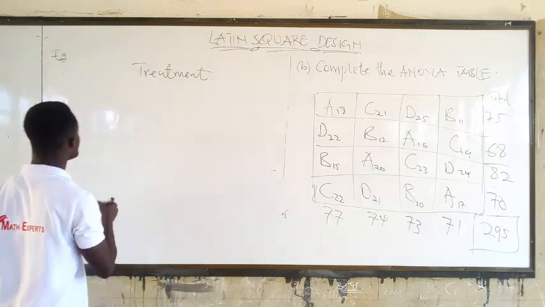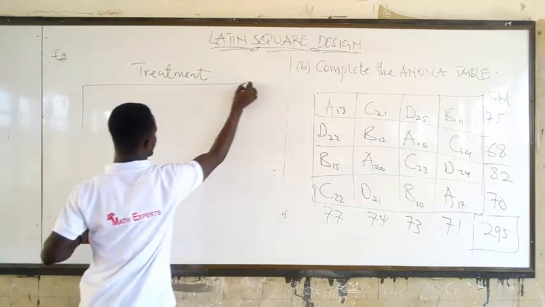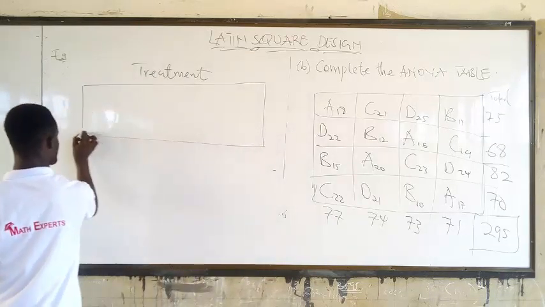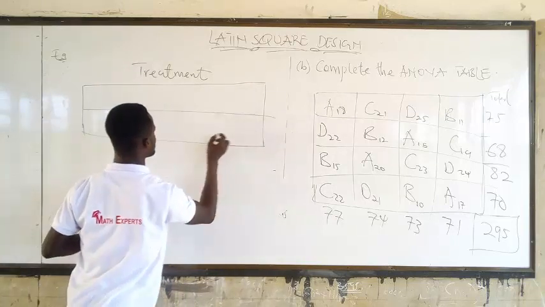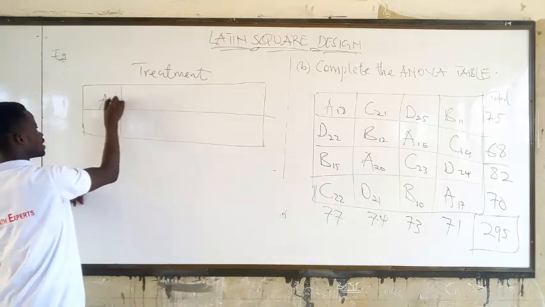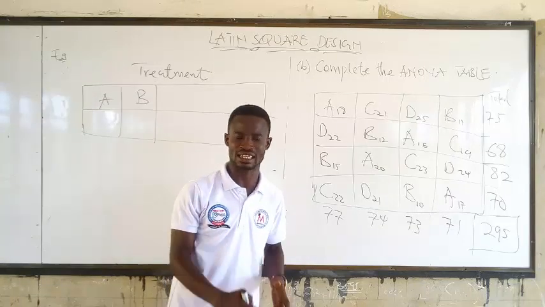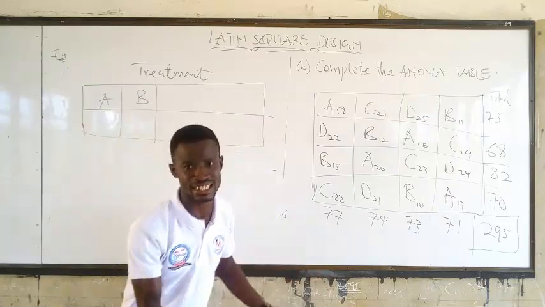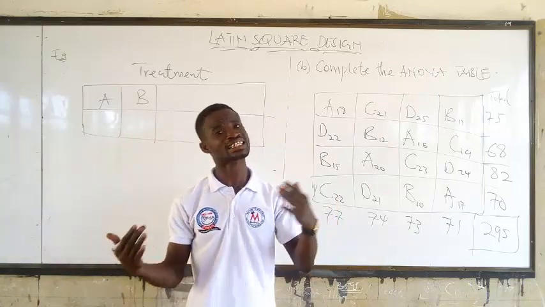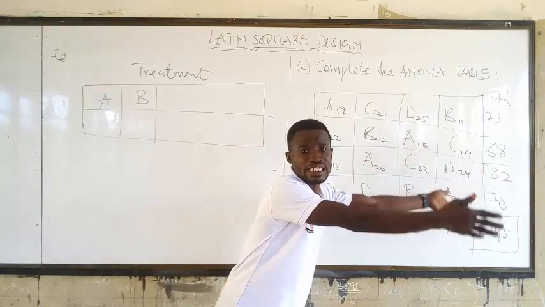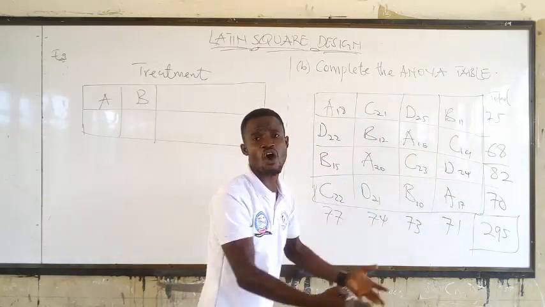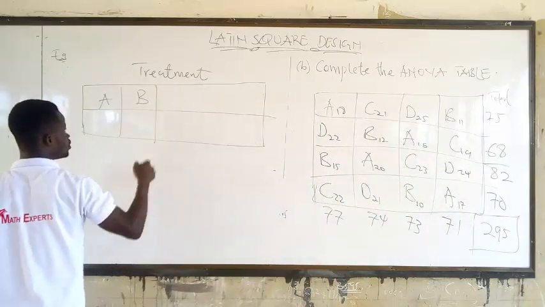So you draw your table like this. We know that the treatment is A, B, and C, but in the Latin square you consider two sources of variability, that's why we are considering the row and the column.